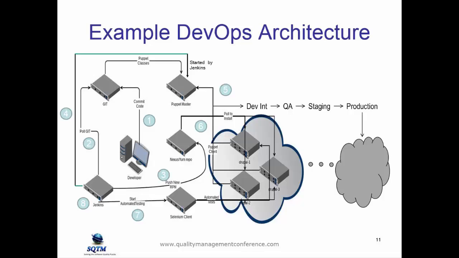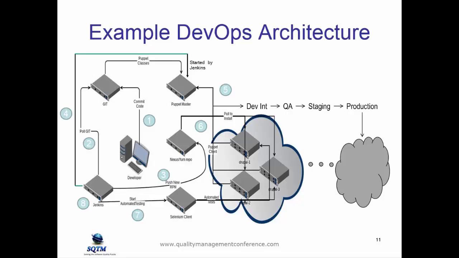And so this isn't a one environment test, but a series of tests on a series of machines based upon what you're trying to accomplish from your testing perspective before you get to production.